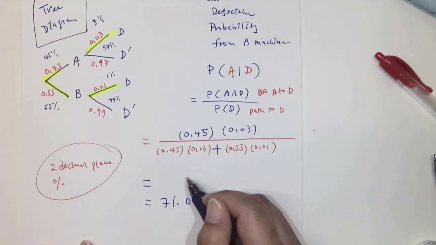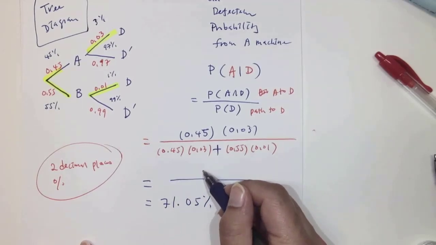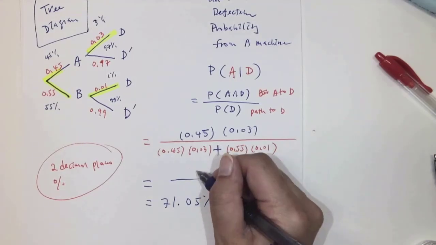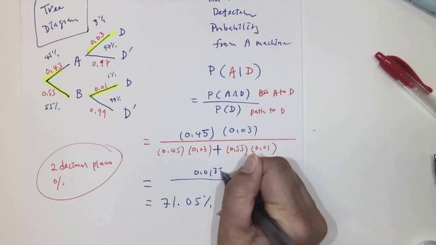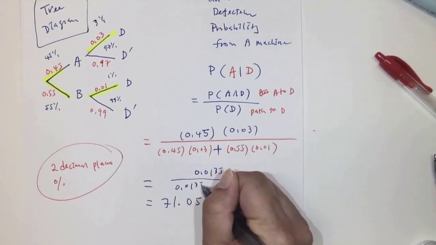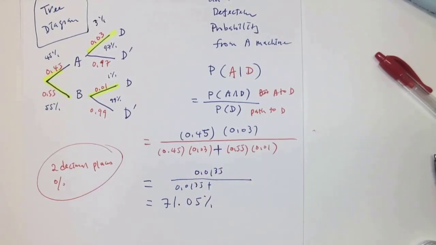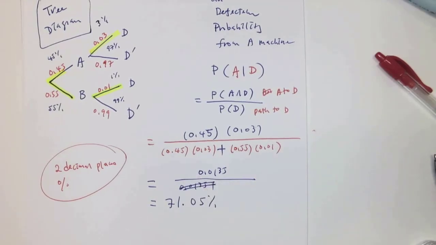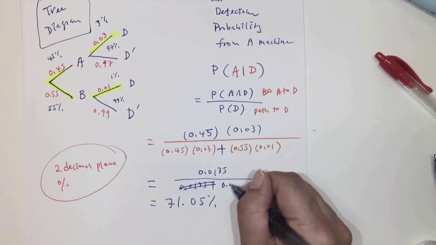That's correct. So if you have a hard time, you can multiply the top first, and then combine the bottom first and see what happens. So it's 0.45 times 0.03, which is 0.0135. Then you need to add 0.55 times 0.01.